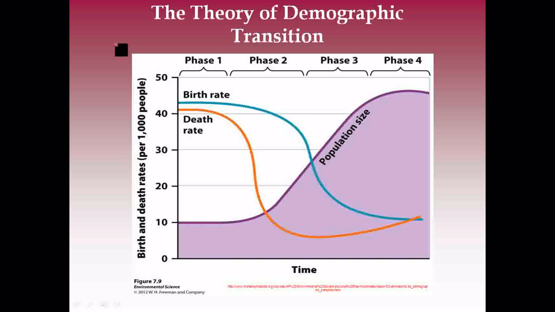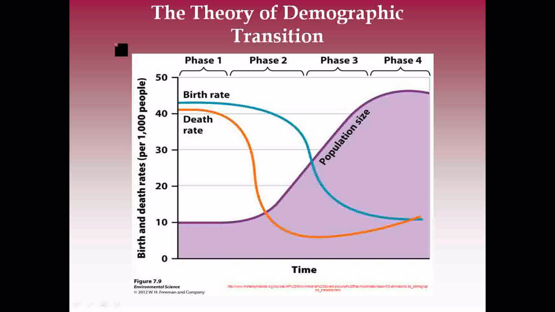So you can follow along with me on page 188, and this is one of those famous graphs, one of those 10 graphs that you must know all about, and this is called the theory of demographic transition. And the theory goes something like this.